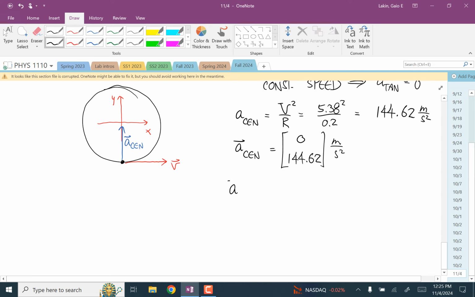And then the total acceleration is the sum of the two parts, but the tangential is 0. So we get a total acceleration of 0, positive 144.62.